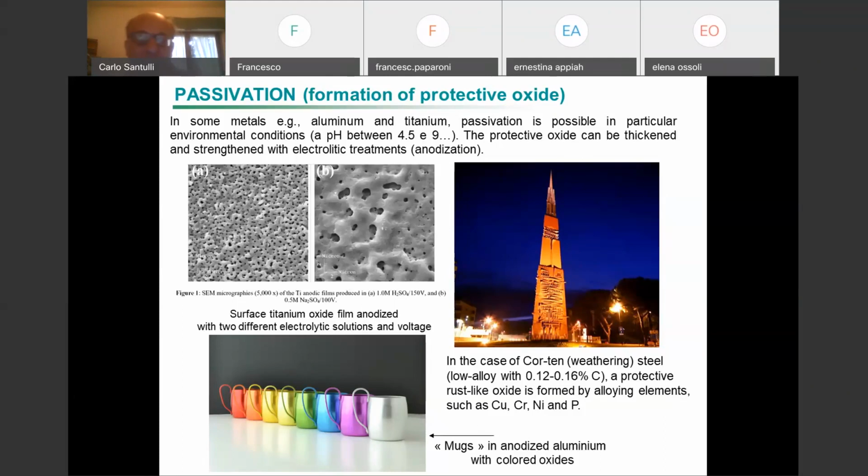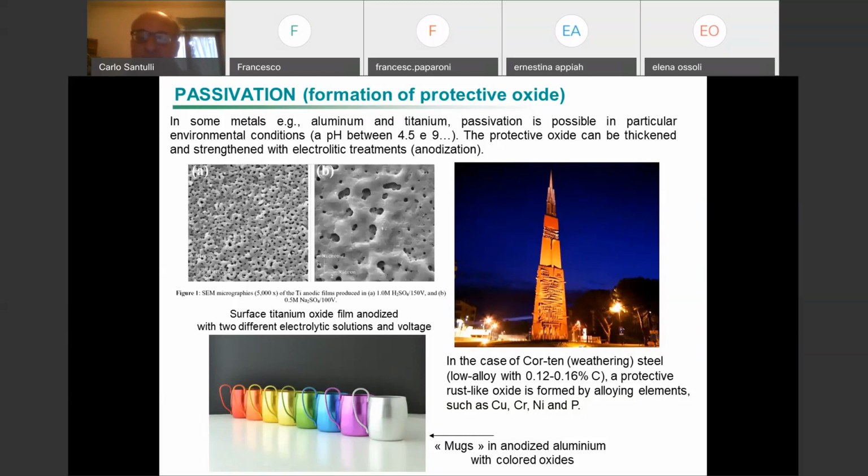Titanium and aluminum have got this particular condition, which is good. And you can decide that you want to have a further oxidation, so as to increase the thickness of the oxide, and then you have anodized aluminum or anodized titanium. Anodized means that there was this natural characteristic of forming an oxide, and then you want to make further oxidation occur, so the thickness of the oxide layer is higher.